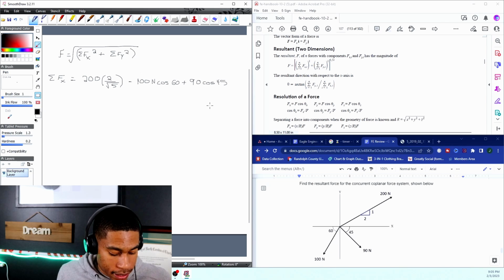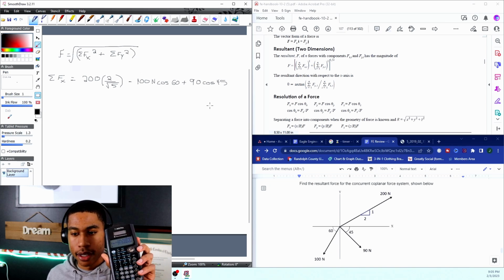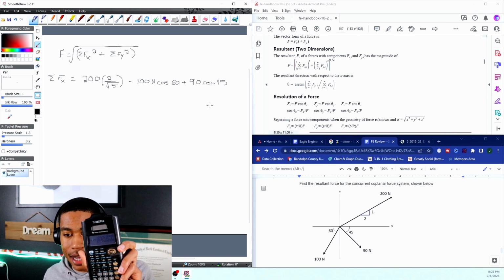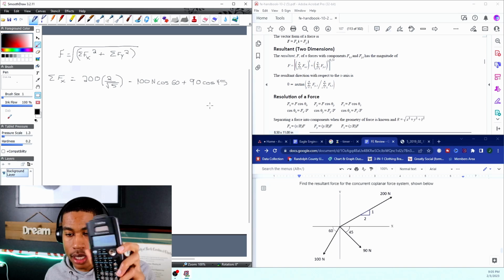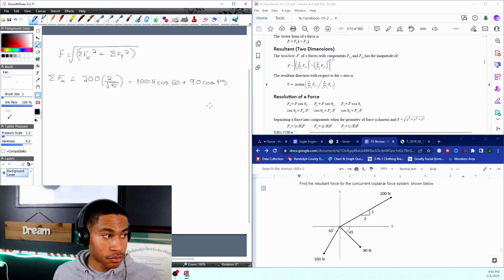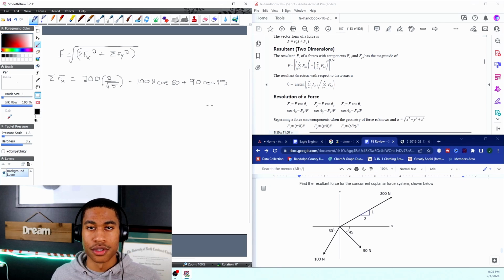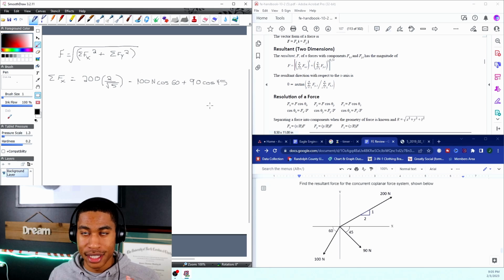All right. So we take all that, and this is a very key step. I'm using the TI 36X Pro. So it's very important that you know your calculator. But for this, we just want to make sure it's in the right mode. This is why it's crucial to be familiar with your calculator and really understand the concepts, because when you're on the test, this will be a breeze.